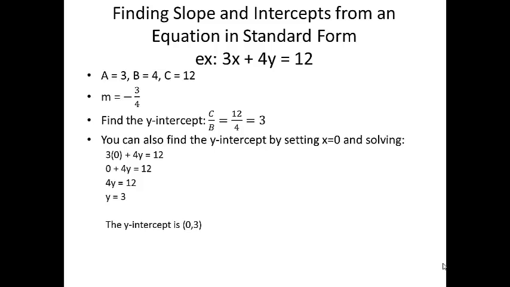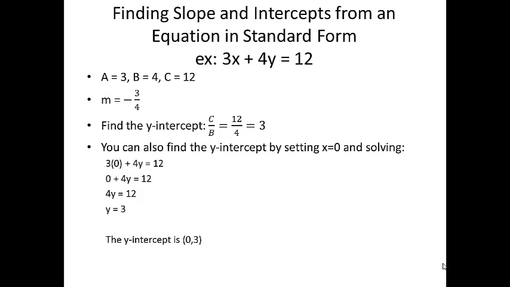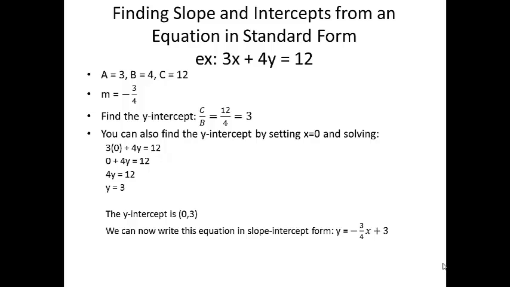We can also find the y-intercept by setting x equal to 0 and solving. We can now write this equation in slope-intercept form: y equals negative 3/4 x plus 3.